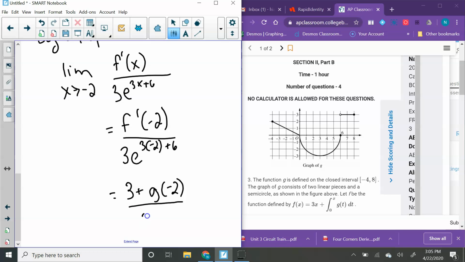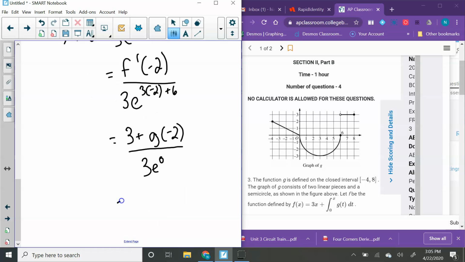So we've got 3e to the 0. And so we've got 3 plus g of -2 right here is 1. So 3 plus 1 over 3 times 1. And that will give us 4 over 3. And so that is our limit for this particular situation.